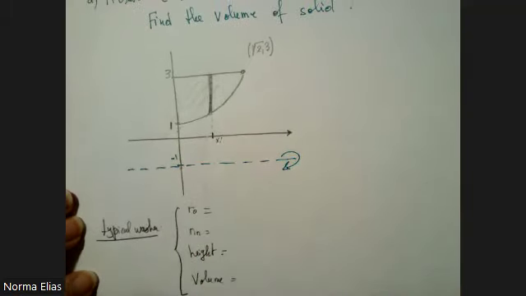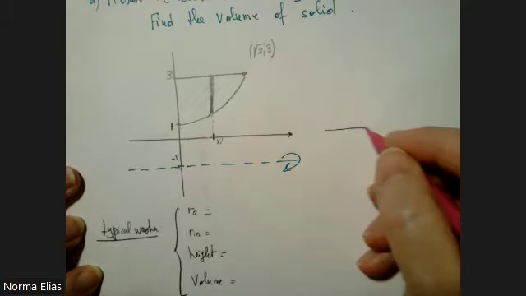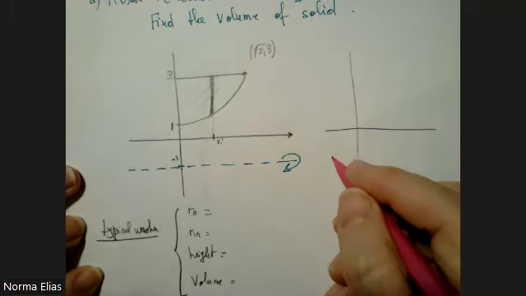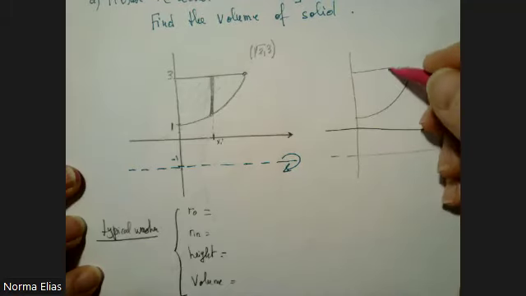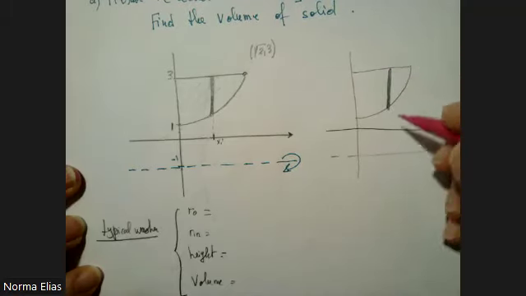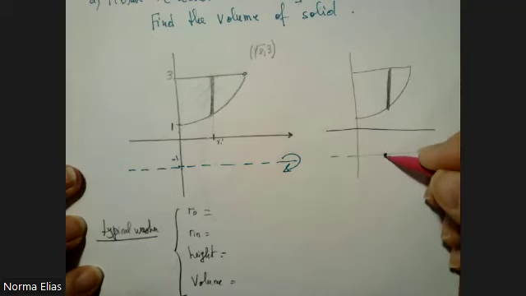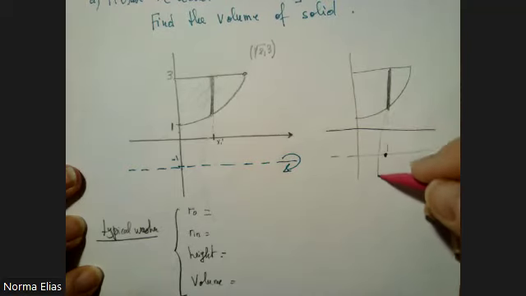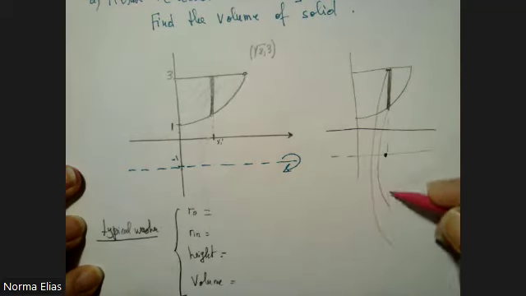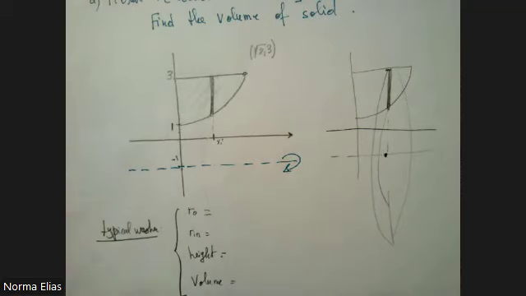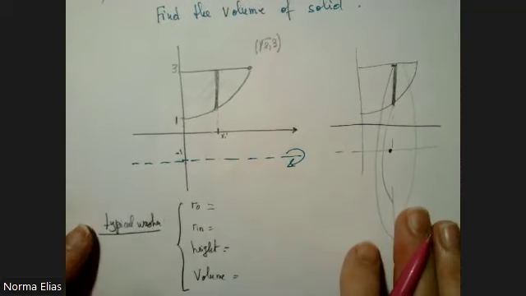So I go back to my picture, and I said no memory except the volume of a washer. We're rotating now around that axis here. So when I rotate this piece, that's the center of rotation right there. So this is going to go like this, and from here to here, it's going to go all the way down. So a little bit different.